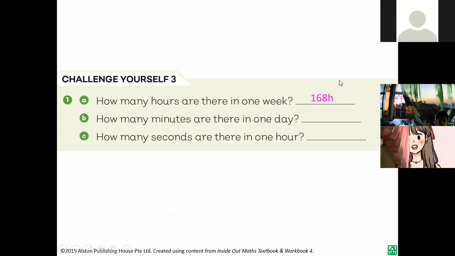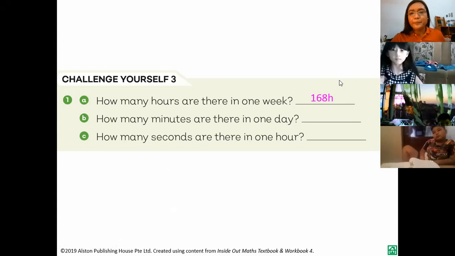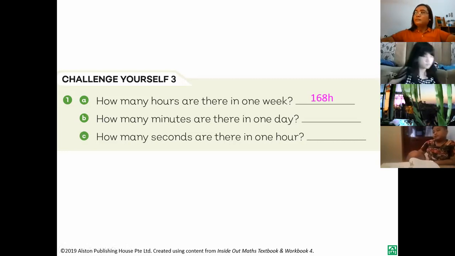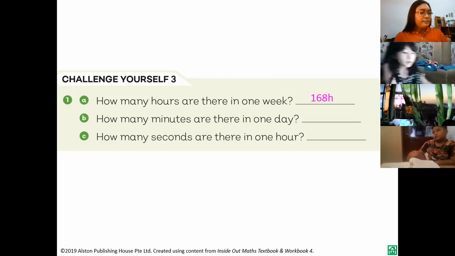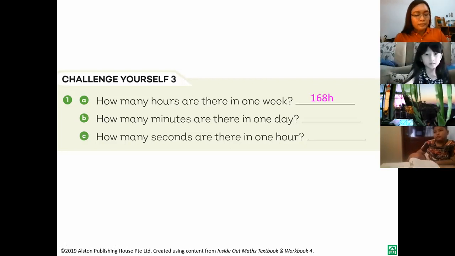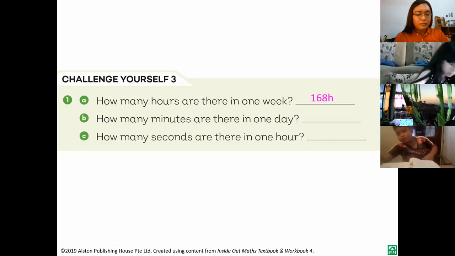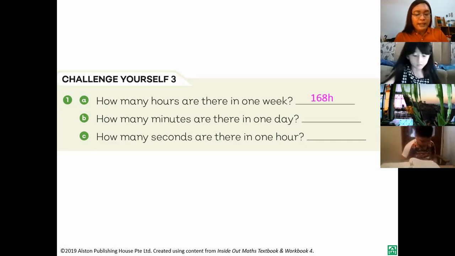Spy, can you read number 2, please? Letter B, I'm sorry, it's letter B. Spy, can you read letter B?